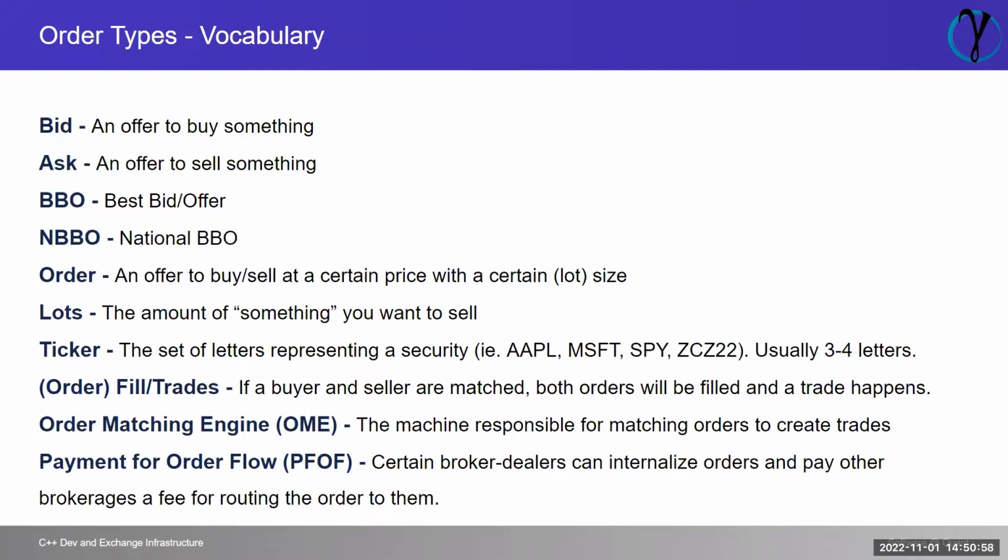And then PFOF, payment for order flow. I put this vocabulary in here because I mentioned it one time in some other slide. Payment for order flow is when your broker routes your order to another broker dealer that will then internalize the order. You can probably search that up. For example, Citadel is a market maker, and Robinhood would route orders through Citadel.